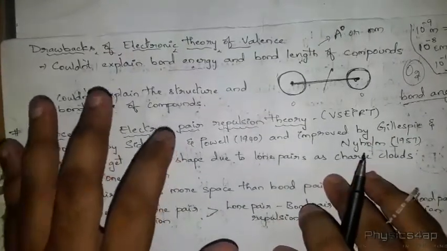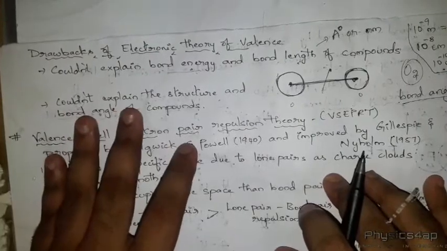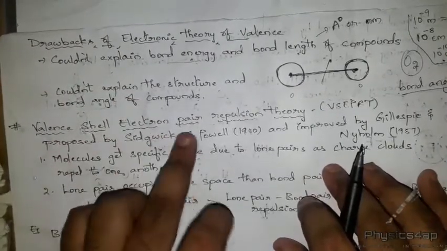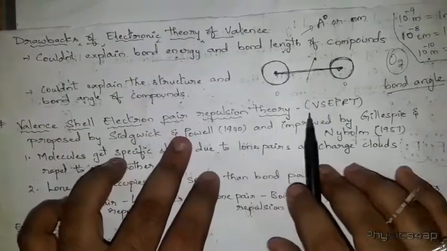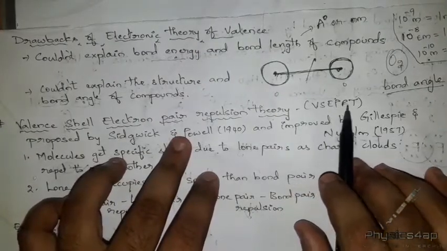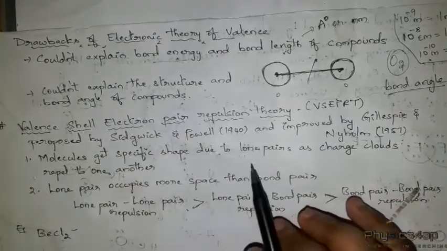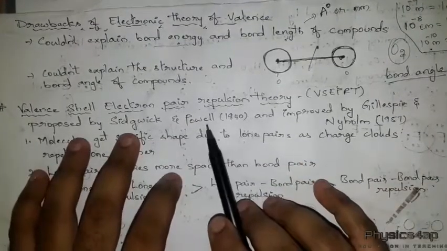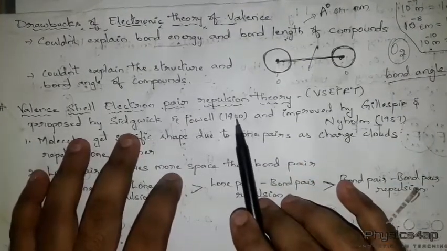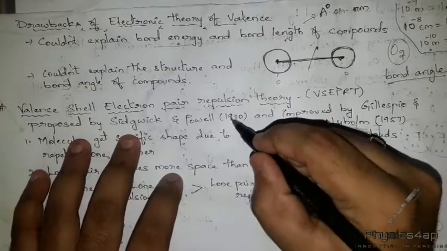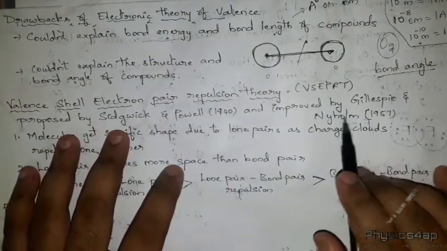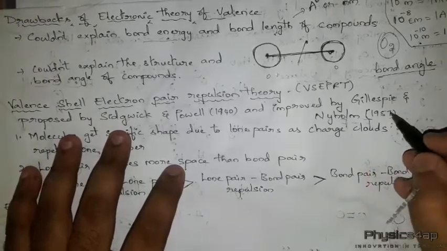Based upon these drawbacks, we have another theory called the valence shell electron pair repulsion theory, that is VSEPR theory. This theory was proposed by Sidgwick and Powell in 1940, and it was later improved by Gillespie and Nyholm in 1957.